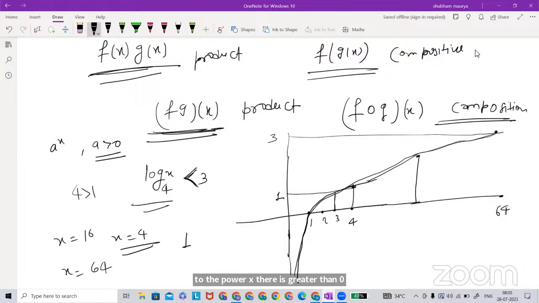It can never be negative. Log is the inverse of the exponential, so how could it be negative? It could never be negative. Okay, sir, got it.